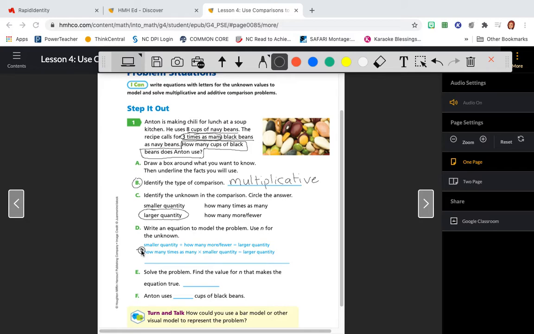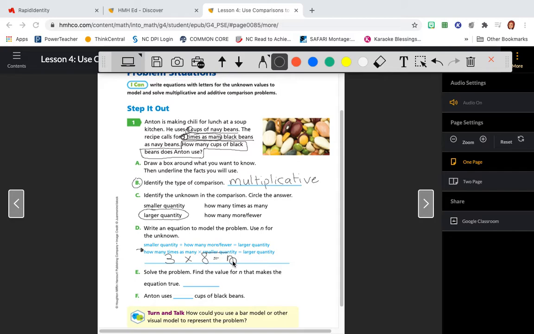Well, our problem is 3 times the smaller quantity that we know, which is 8, equals our larger quantity. We don't know our larger quantity yet, so you can use an N, which is what we're used to using. You can also use a B for beans, whichever one works for you, just so you know what you're trying to figure out.